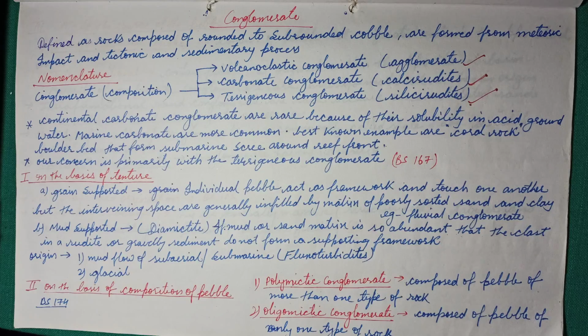Okay, so next we are going to classify them on the basis of texture. First we had the basis of composition, which is not much important, but you need to know everything. So the next one is texture. The grain supported, this one is important. If we find a conglomerate which is supported by the grains, similar to other sedimentary rock, there is also a grain, matrix, cement, and the void spaces.